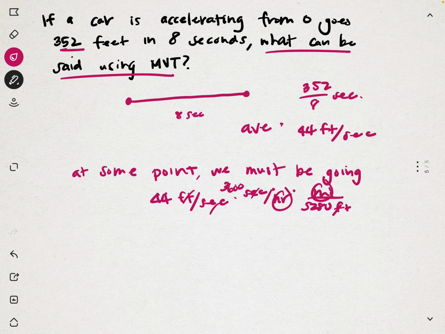So we're going to do 3600 times 44 divided by 5280. So we're going about 60 miles per hour on average.